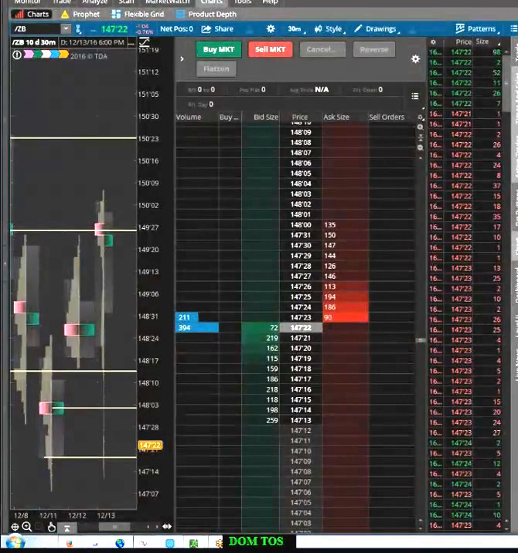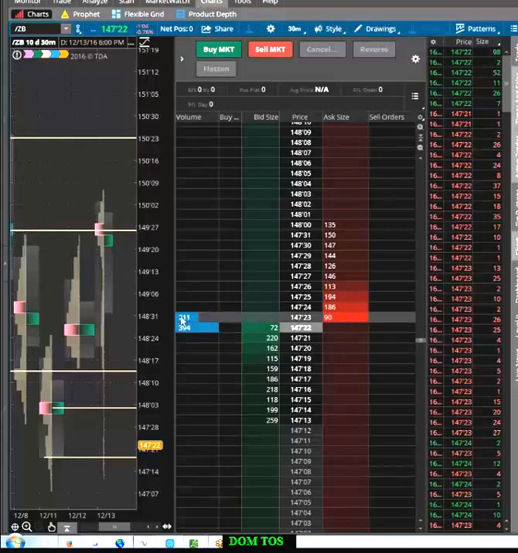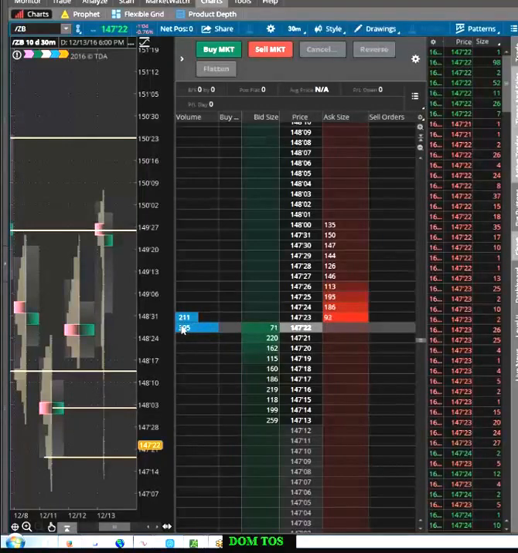Okay, so what I want you to do, and this hasn't been populated yet, but this is the volume being traded. What I want you to do is just get used to looking at numbers.